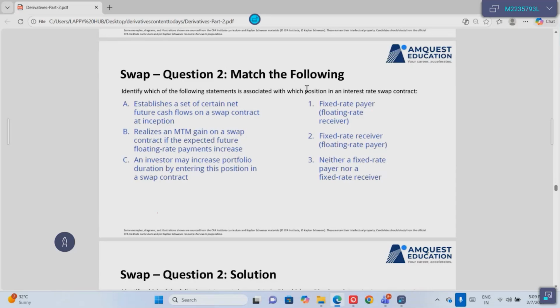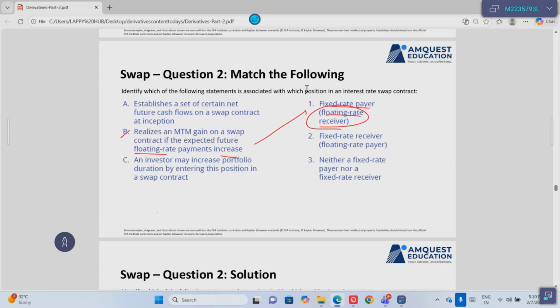If the floating rate payments increase, who will gain? Who will earn, the floating rate payer or the floating rate receiver? The floating rate receiver. Makes sense. Because the floating rate is going up, so the receiver receives more money.